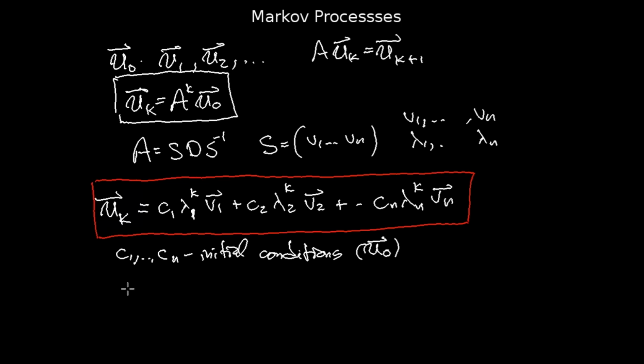And it's clear that the crucial thing is the size of these lambda i's, which is to say, if the absolute value of lambda i is less than 1, or equal to 1, or greater than 1, that's going to be 3 different kinds of behavior. So if you look at lambda 1, for example, if it's bigger than 1 in absolute value, this term is going to go to infinity. If it's equal to 1, it's just going to sit there, and if it's less than 1, it's going to go to 0.